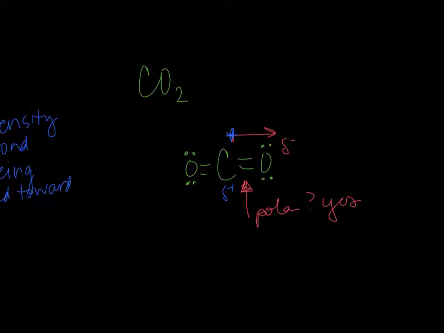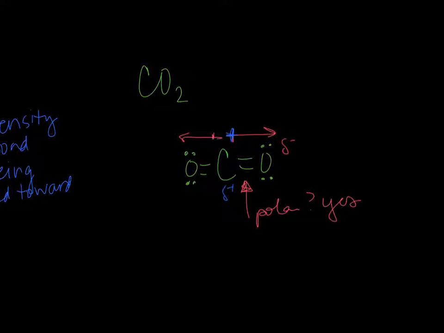Now, the same thing is happening here on this side. And so if you remember, the VSEPR theory predicts that this is going to be linear, right? It's going to be completely 180 degrees around this carbon right here, 180 degrees apart, because it's the furthest apart they can get.